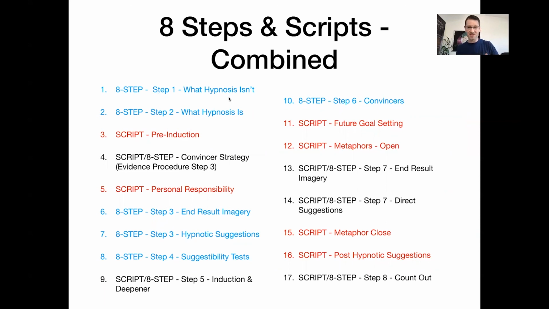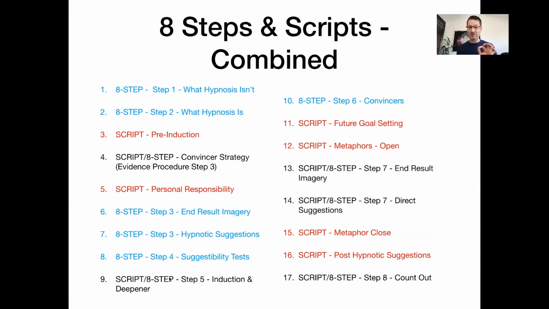So step 1, what hypnosis isn't, what hypnosis is, then do the pre-induction talk. And so then you're into step 4, which is the script, or step 8, the convincer strategy. So the evidence procedure. You're then going into personal responsibility, and result imagery, and hypnotic suggestions, then suggestibility tests from step 4, then step 5 in the script, the induction and deepener.